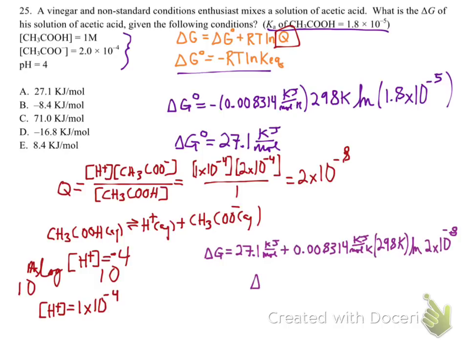So we'll end up getting delta G is equal to 27.1 kilojoules per mole plus, and this whole thing here ends up being negative 43.9 kilojoules per mole.